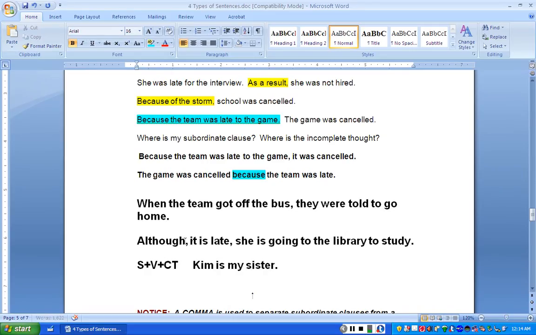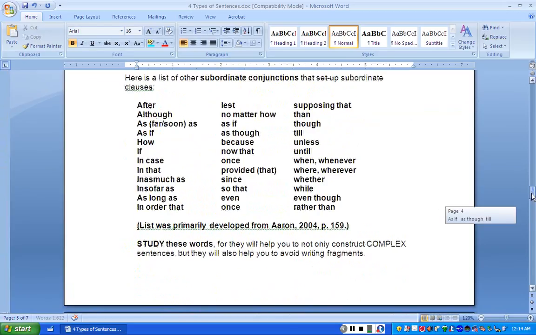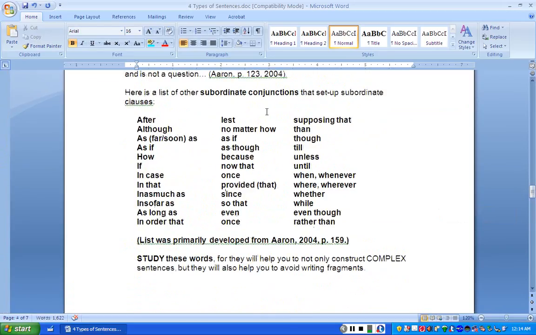So again, on behalf of every English teacher in America, we are begging you, stop putting commas after the word although, or even though, or for that matter, any subordinate conjunction, because these are setting up incomplete clauses, groups of words, not just the word itself.